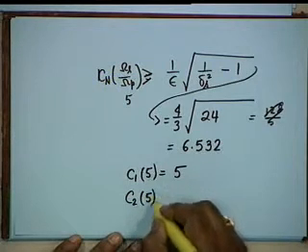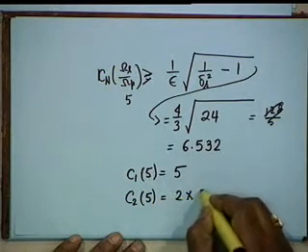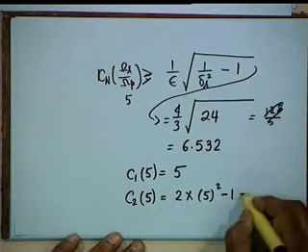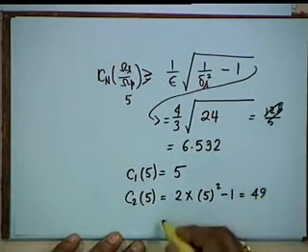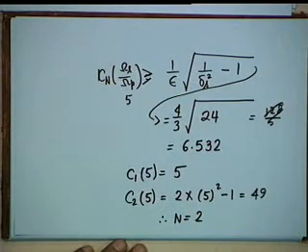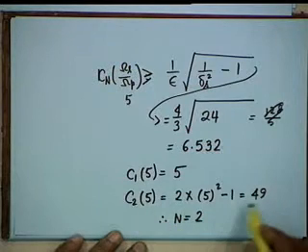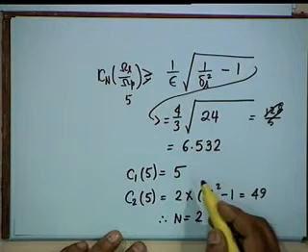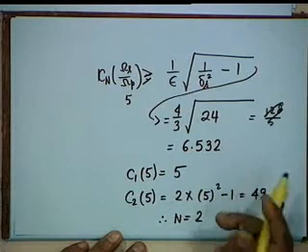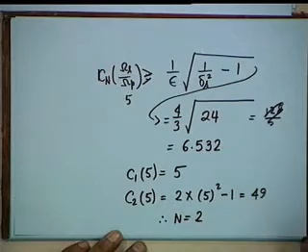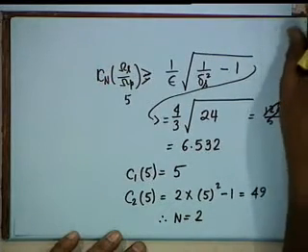C2 of 5 is 2x squared minus 1, 2 times 5 squared minus 1, that is equal to 49, and therefore, capital N equal to 2. And with C2 of 5 equal to 49, obviously the stop band will be much over satisfied, from 5 to 49, okay. It will be, but there is no other way, okay.